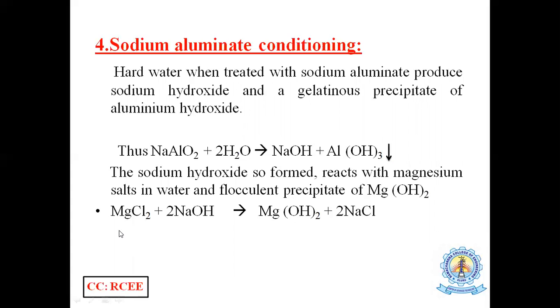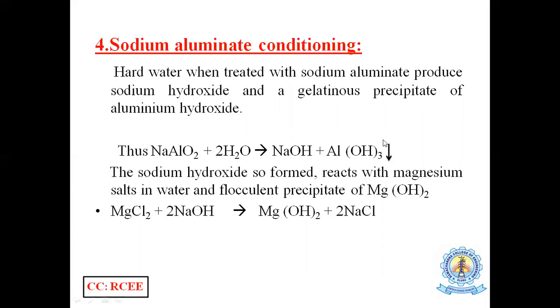So the hardness caused by magnesium chloride may be removed by adding sodium hydroxide, which is produced by the sodium aluminate. That means the sodium aluminate is mixed into the water and reacts with water to form sodium hydroxide and aluminum hydroxide.